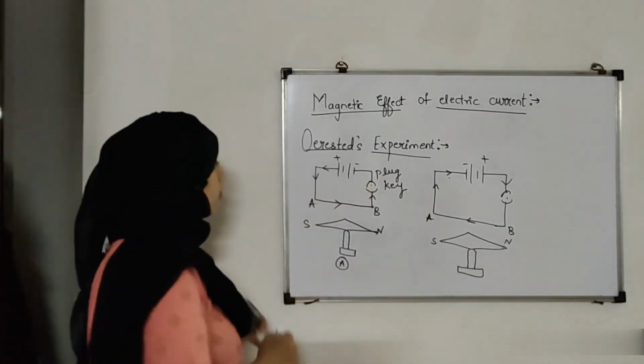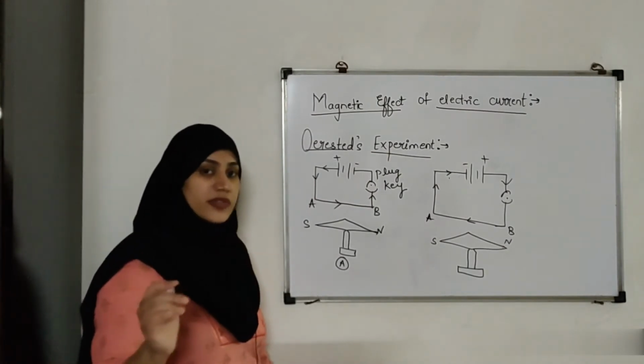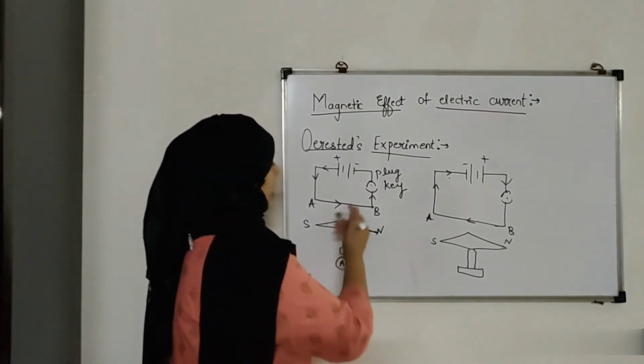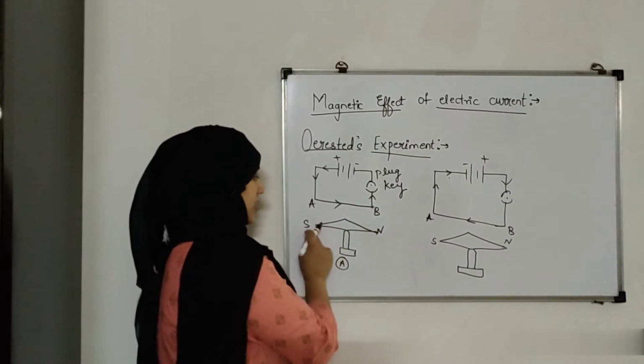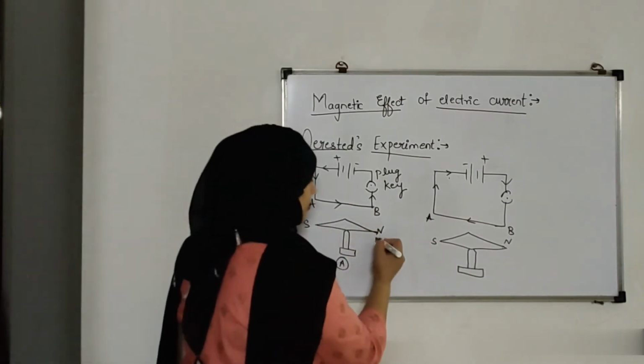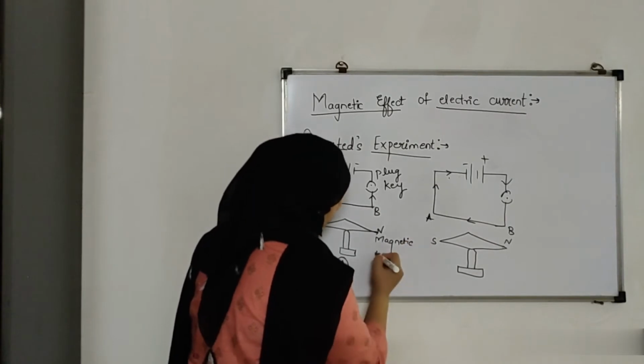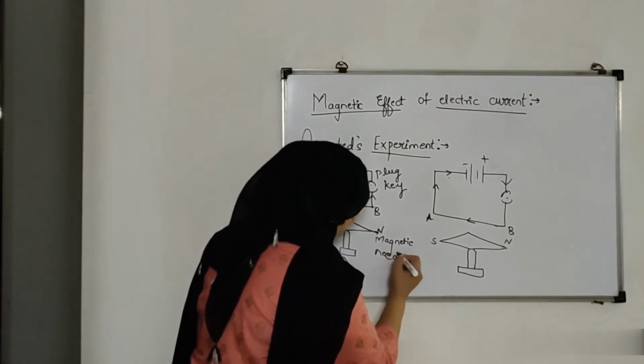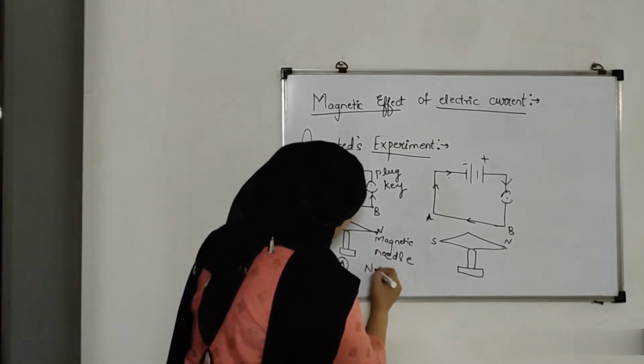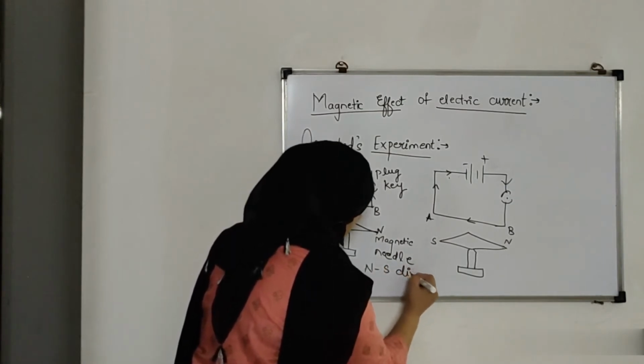Now first we are going to see, when the plug key is open, what is the direction of this magnetic needle. It is always resting in the north-south direction.